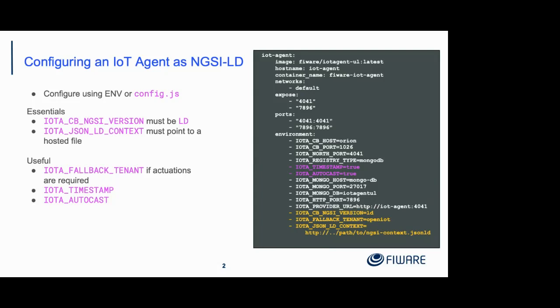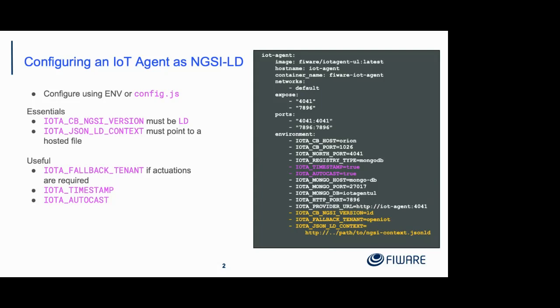So that is your mapping file, and it's used in absolutely every request that goes to and from our context broker. The remaining three, which I've highlighted and put in here, are useful. Probably not absolutely essential, but I would put them in anyway because there's no harm in it.